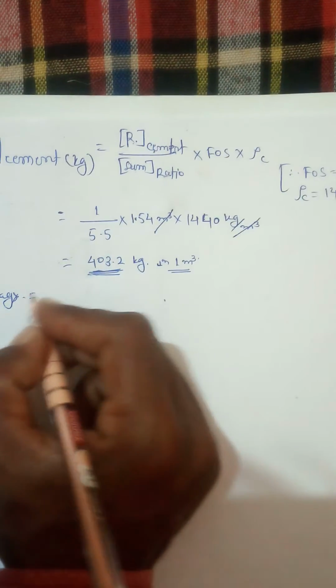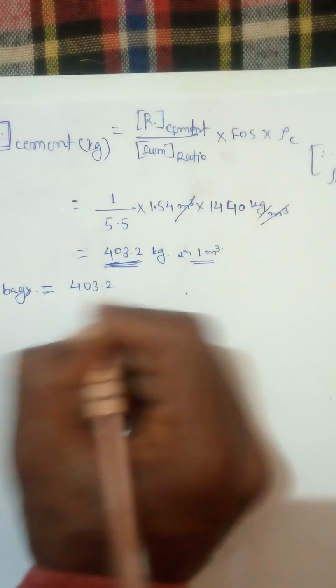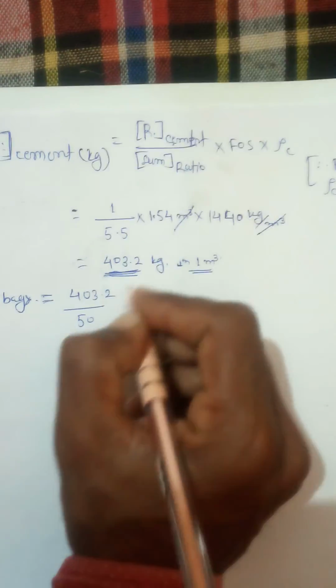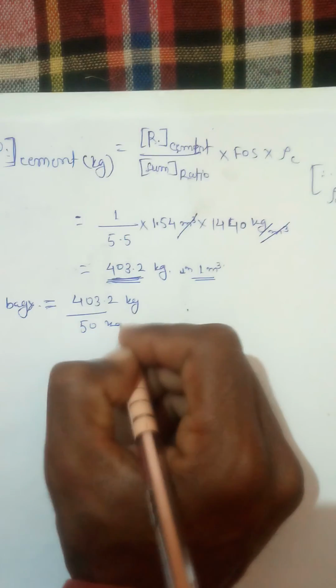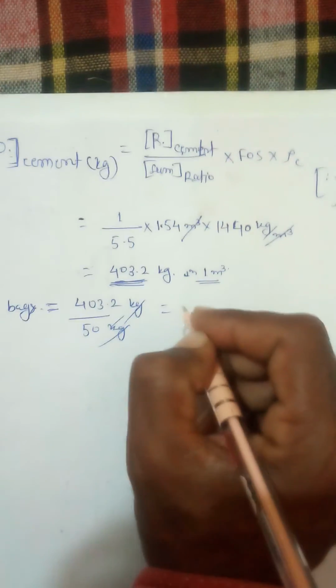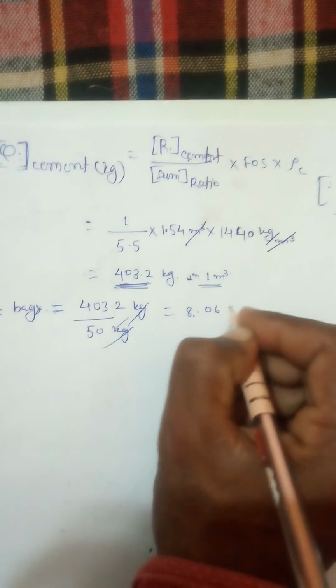One bag of cement contains 50 kg, so we divide by 50 kg. This is also in kg, so kg cancels kg. We get 8.06, approximately 8 bags of cement.